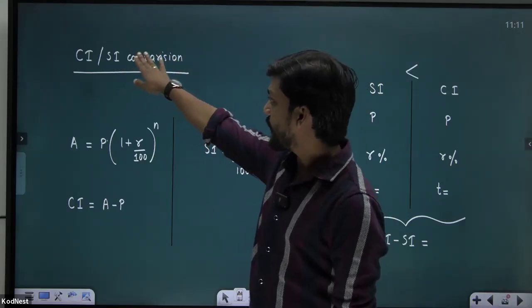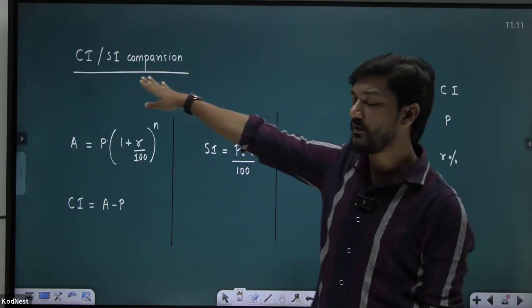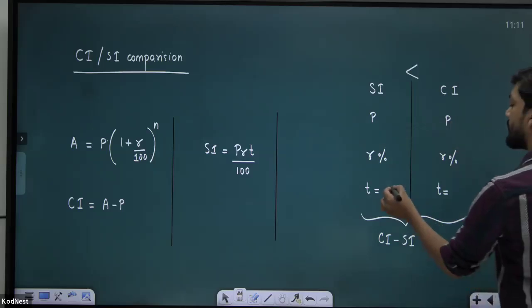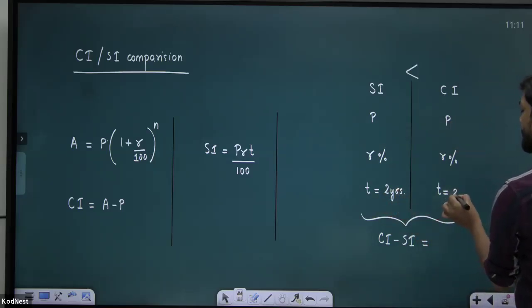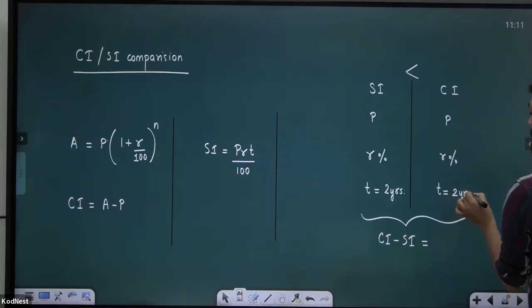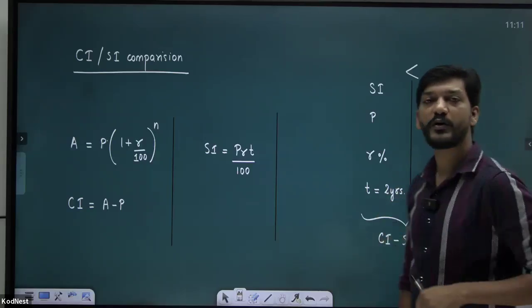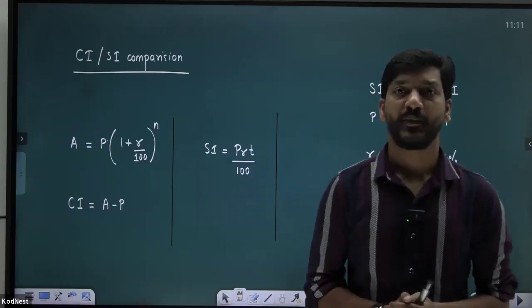For that comparison, I'm taking one case which is important for us, when the time is 2 years. Now don't say, sir, why not 3 years? My dear, 2 years is important, so we are taking 2 years.